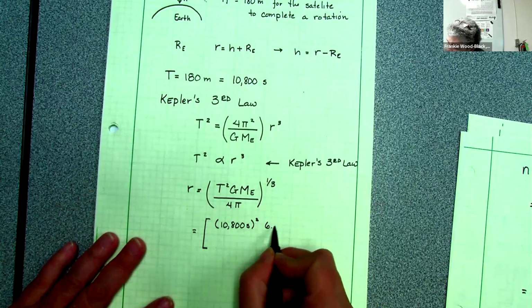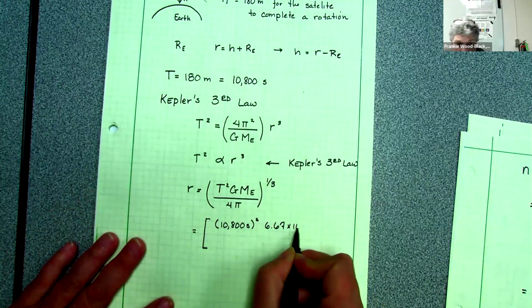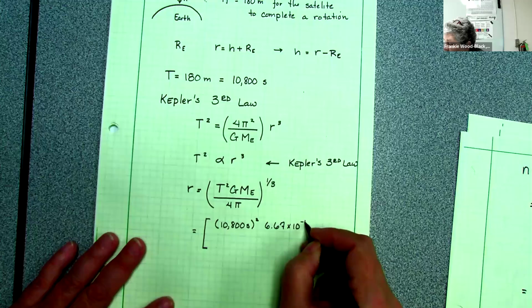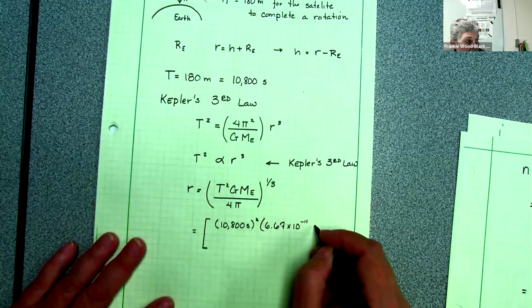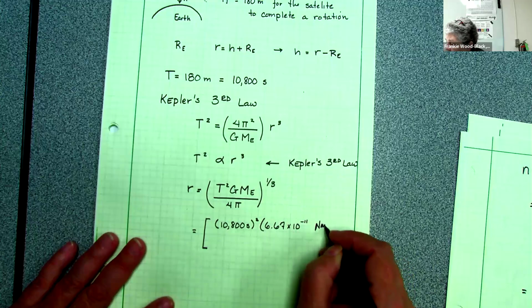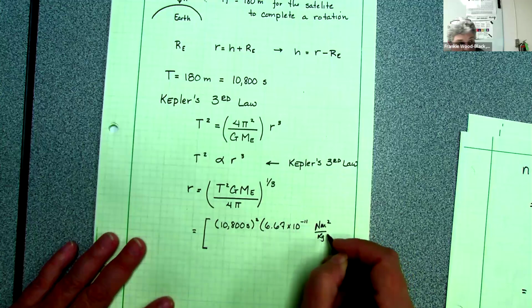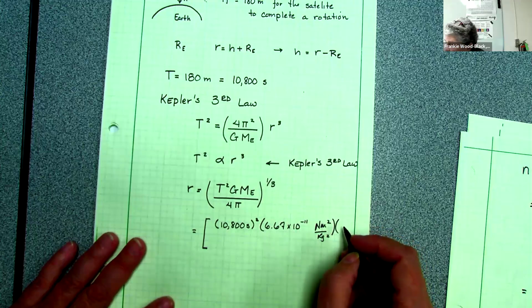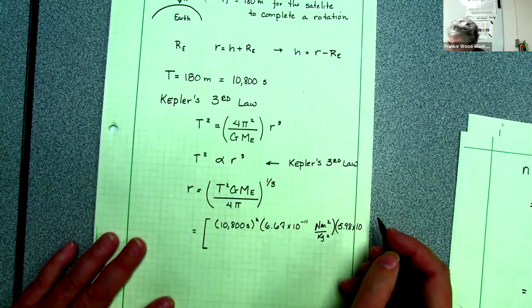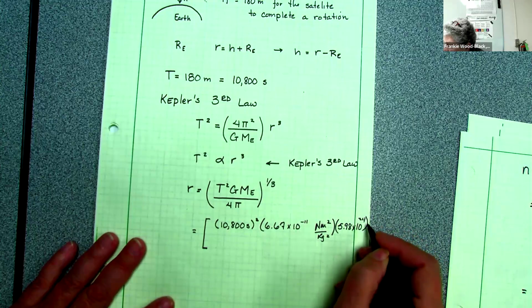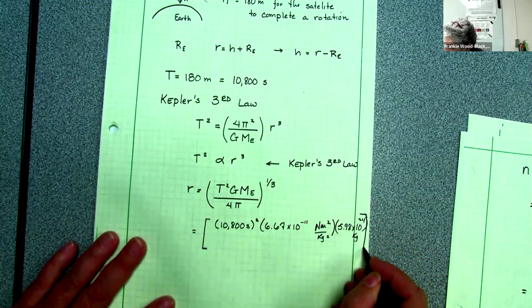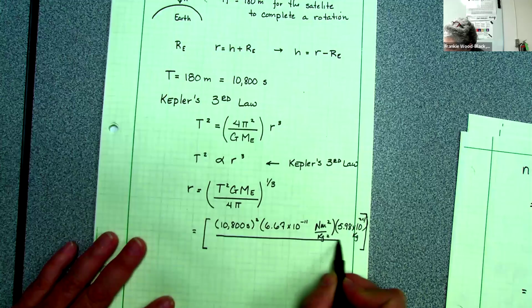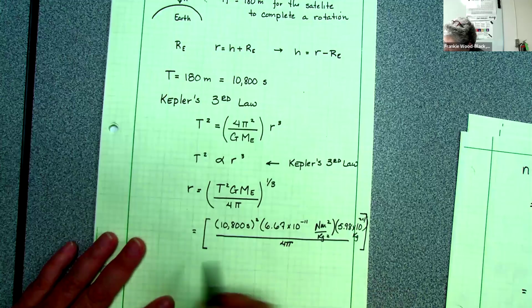G is 6.67 times 10 to the minus 11 Newton meters squared per kilograms squared. Mass of the Earth is 5.98 times 10 to the 24 kilograms. All divided by 4 pi squared, to the 1/3.